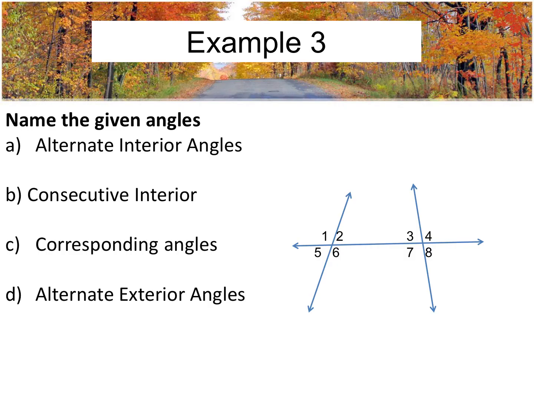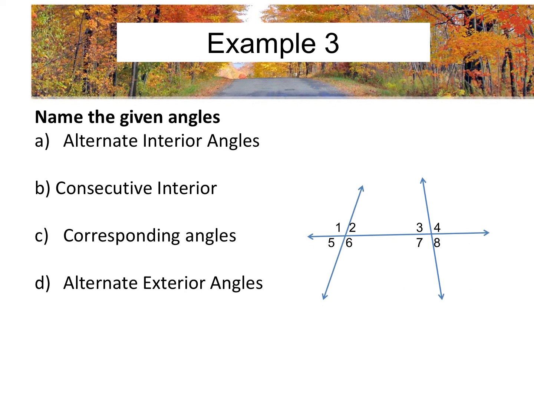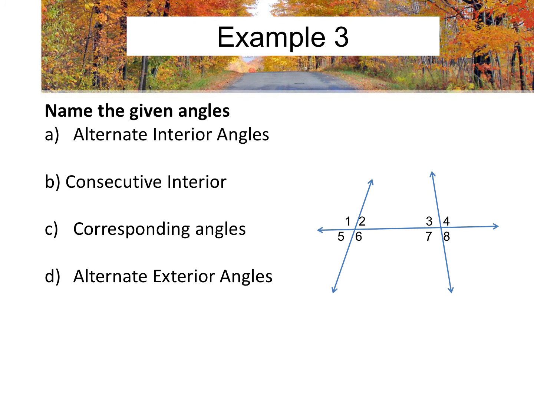So here it says, name the given angles. So let me go ahead and highlight my interior portion. So my interior portion here is right here in blue. And then my exterior portion, I'll do in purple.